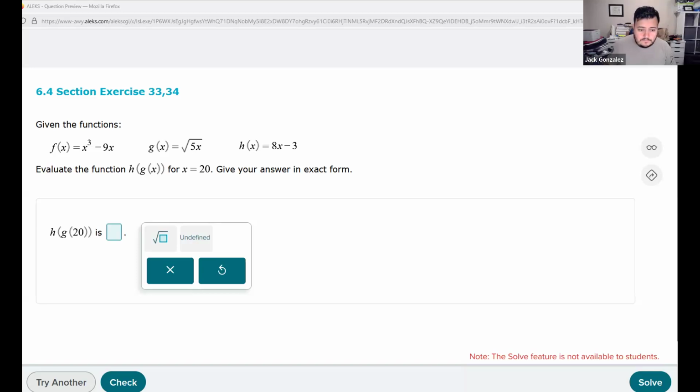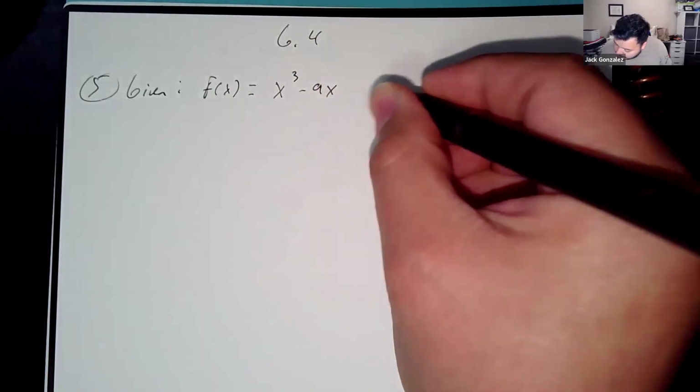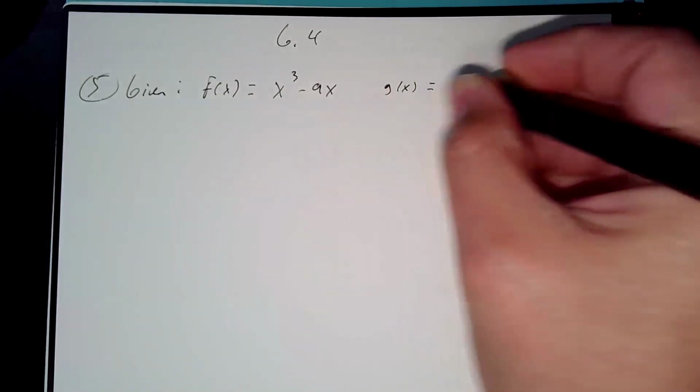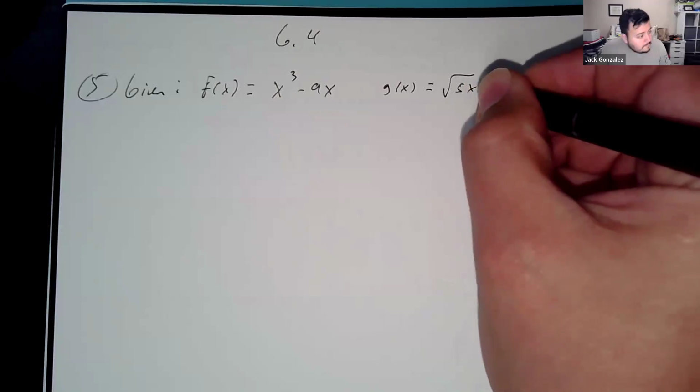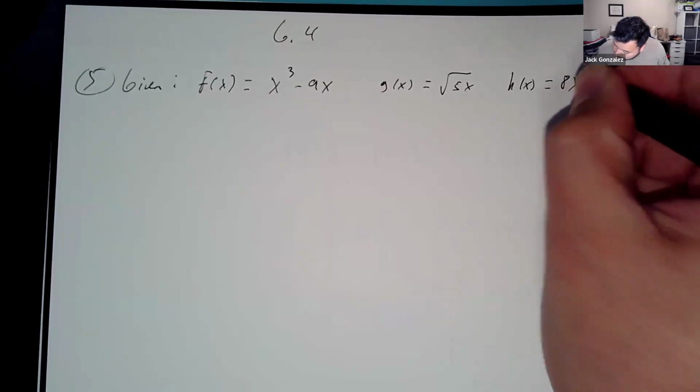Yeah, 5. So given f of x equal to, you write these down and I'll switch over. X cubed minus 9x, g being the square root of 5x, and then h being 8x minus 3.